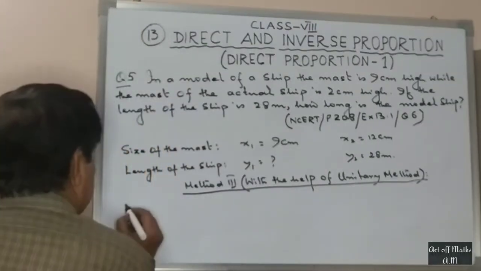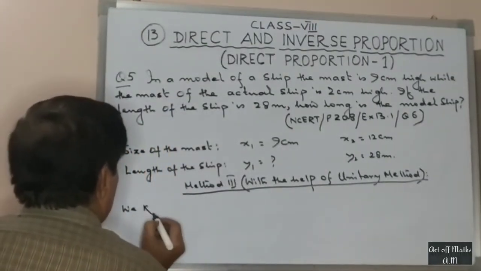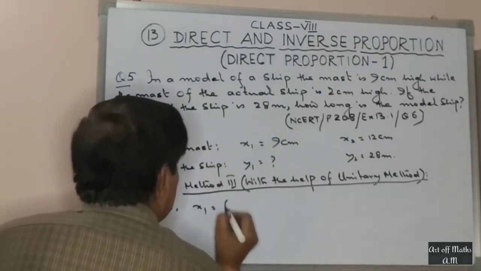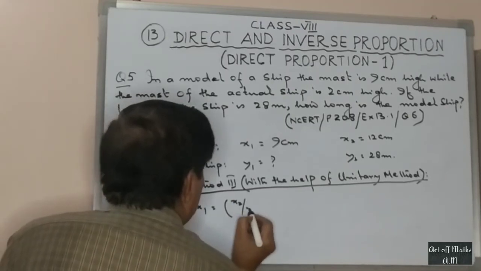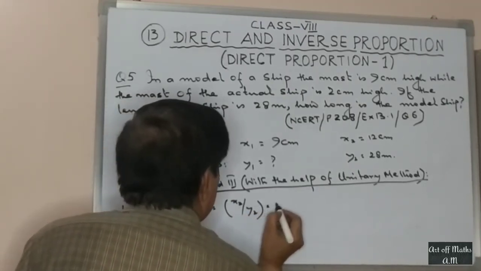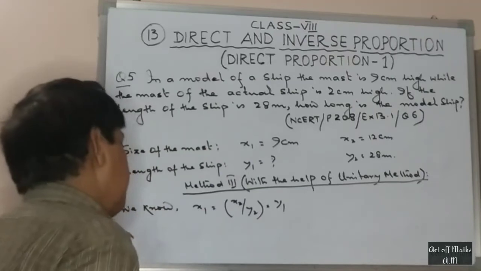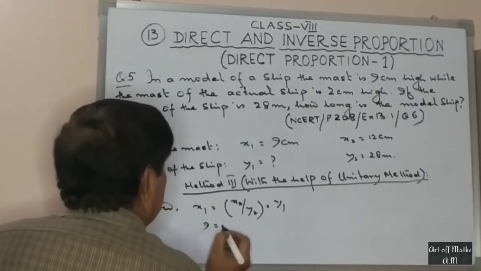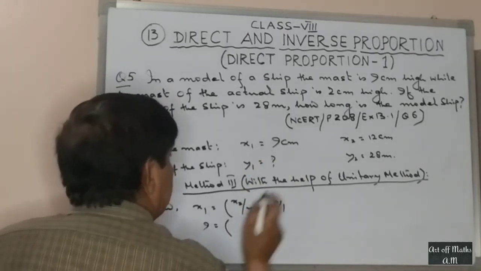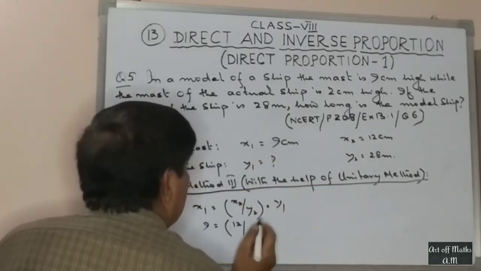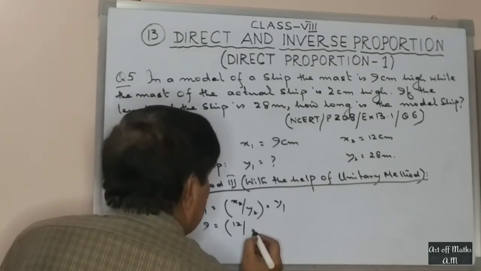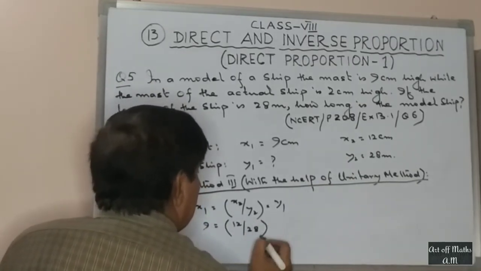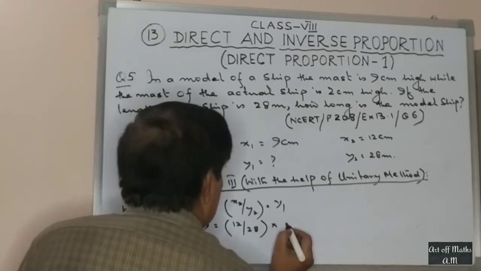We know x1 equal to x2 divided by y2 into y1. x1 is 9, x2 is 12, y2 is 28 into y1.